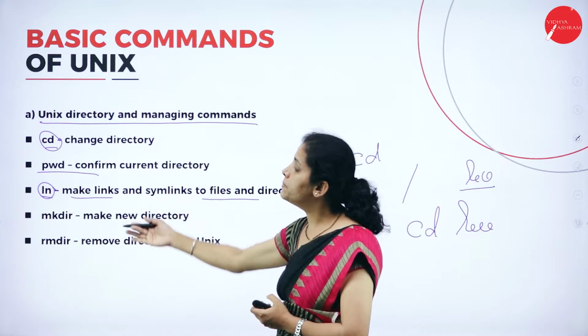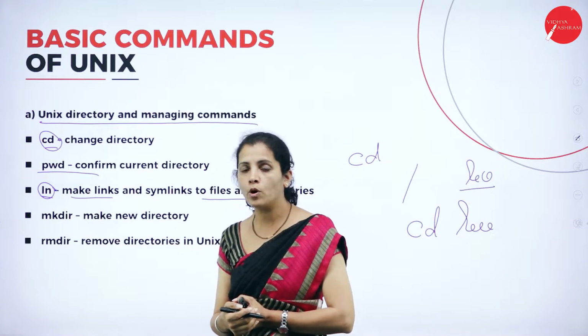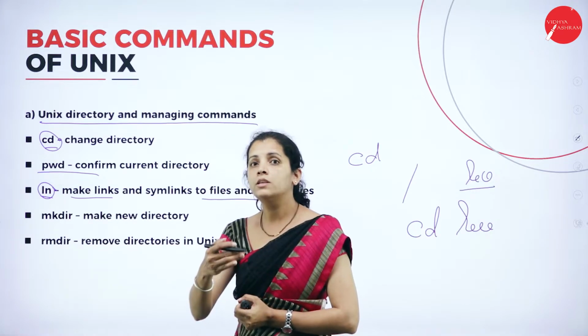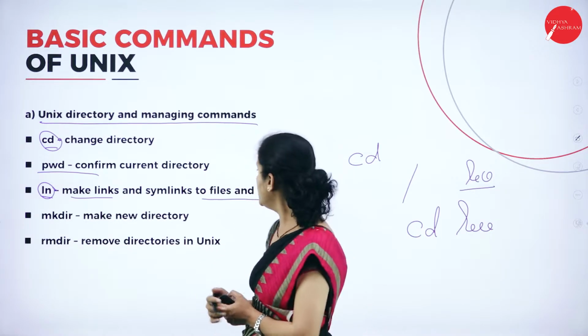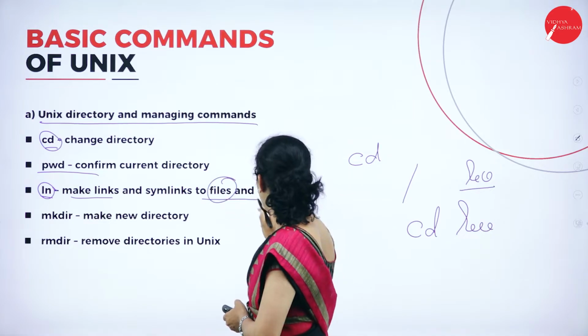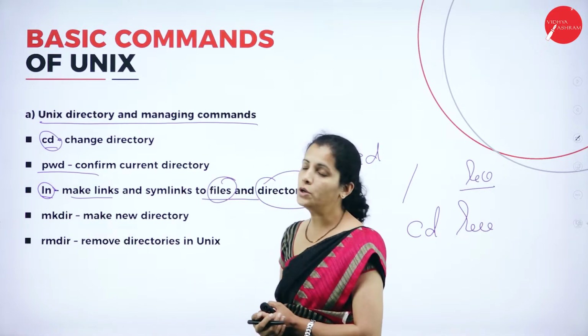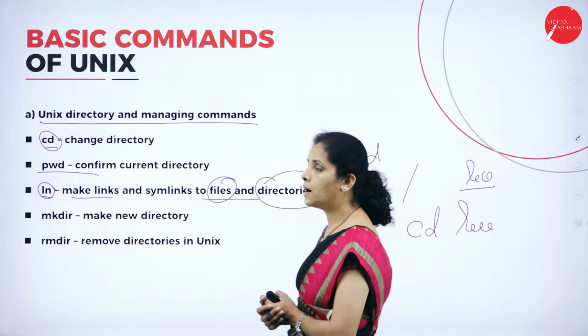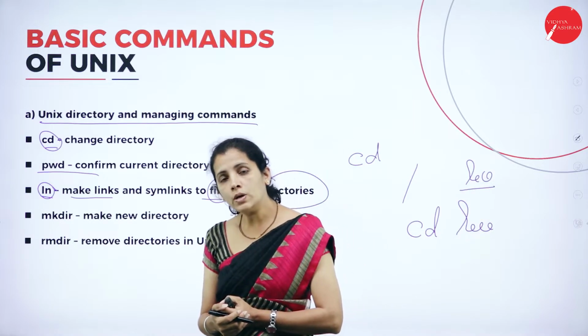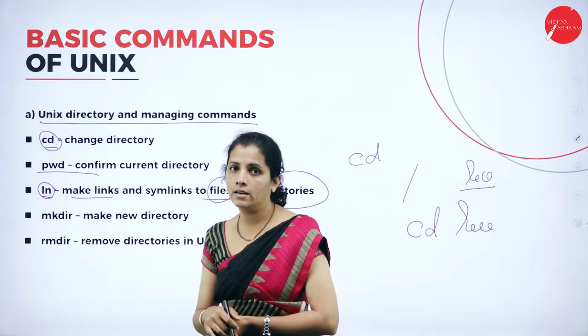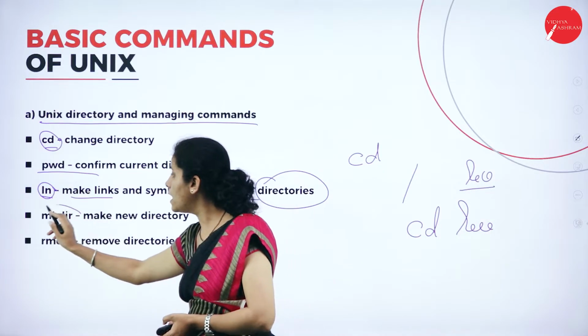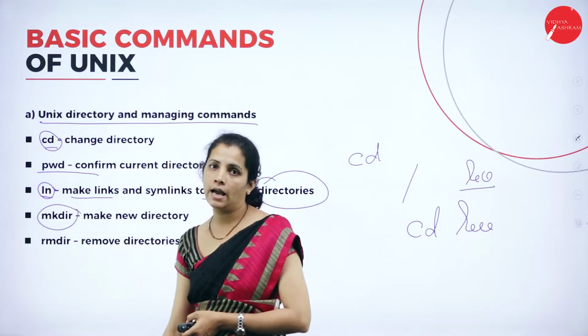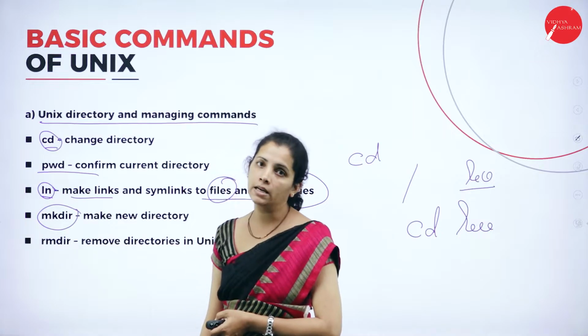So these are some of the basic commands. When I want to provide a link or symbolic link between files as well as directories, I use the ln command. And to create my own directory, I use the command mkdir, that is nothing but make directory.